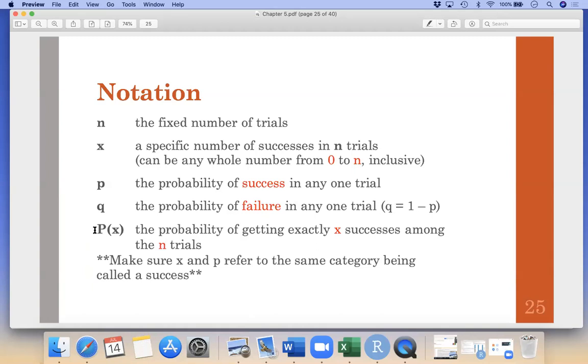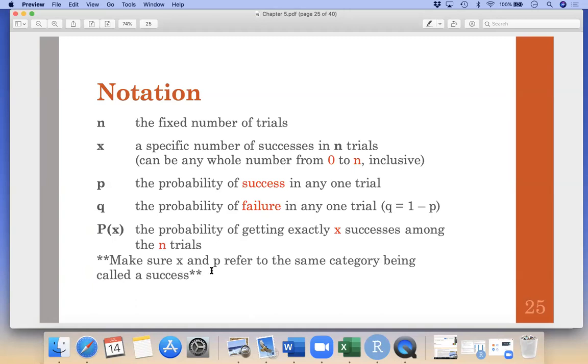Then what is this? Probability of getting exactly x successes among the n trials. This is the thing we want to find using the binomial distribution formula. So the probability of getting exactly x successes among n trials is what we are going to find.